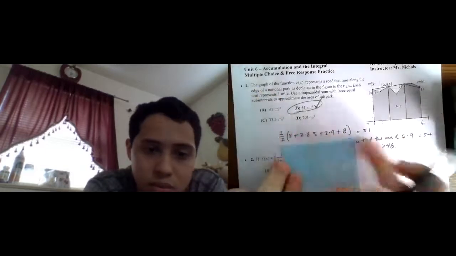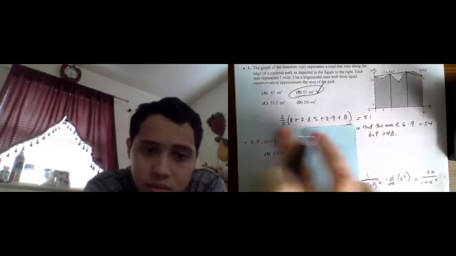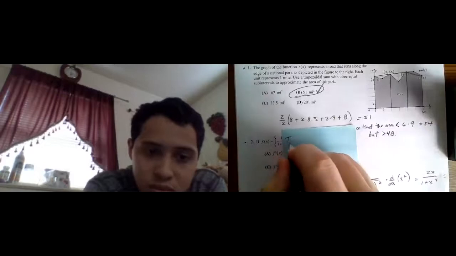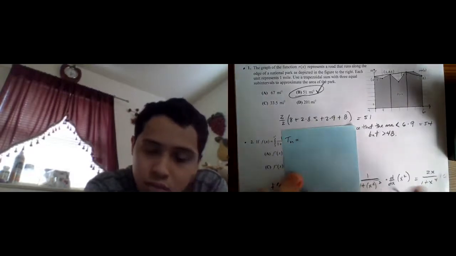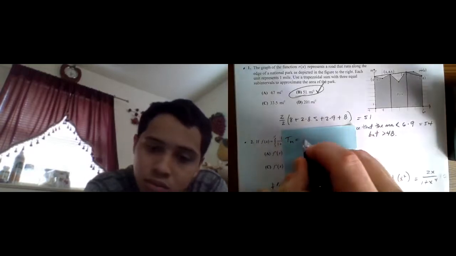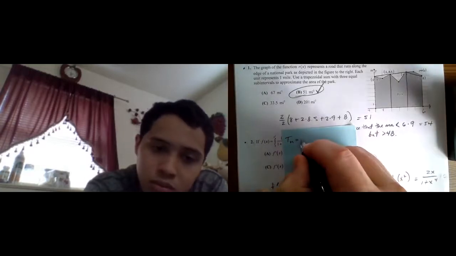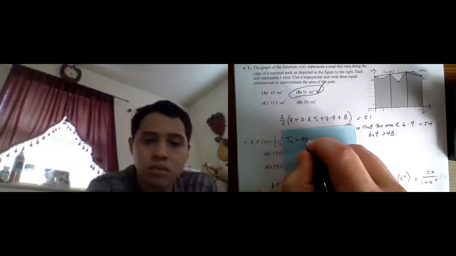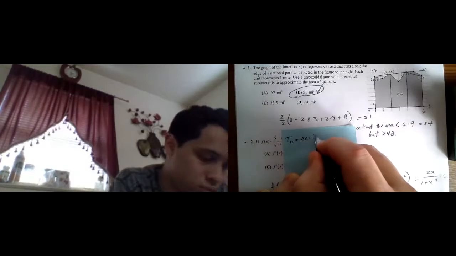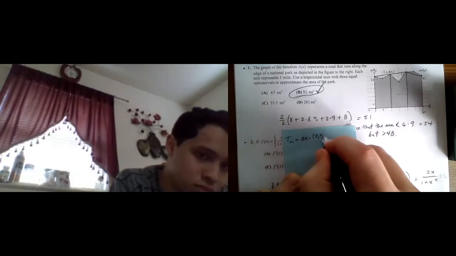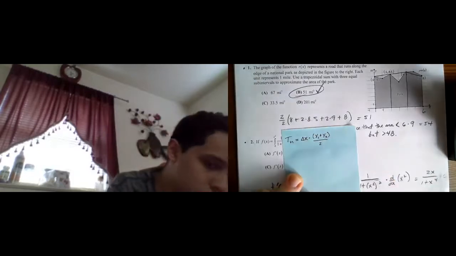So generally speaking, a trapezoidal sum is going to be made up of terms that look like this. You're going to have a delta x times the average of 2 y values.